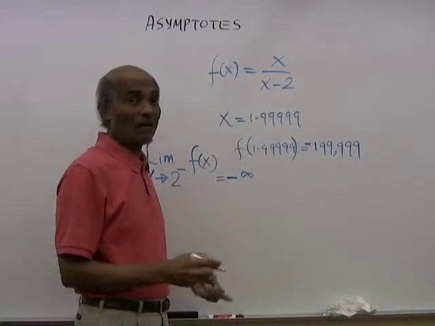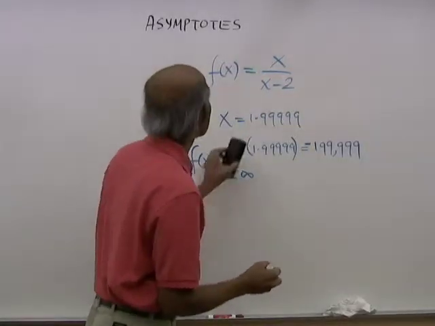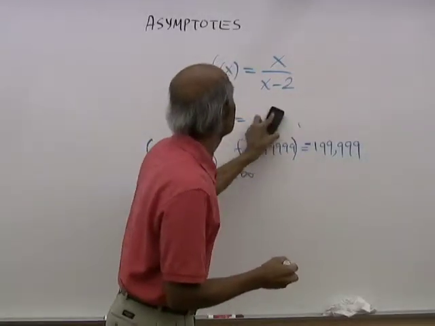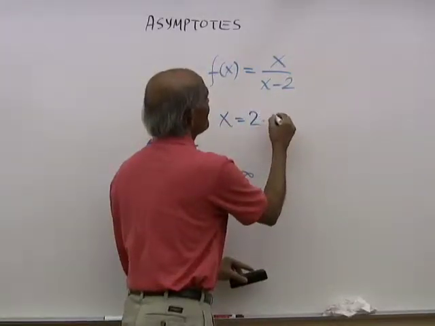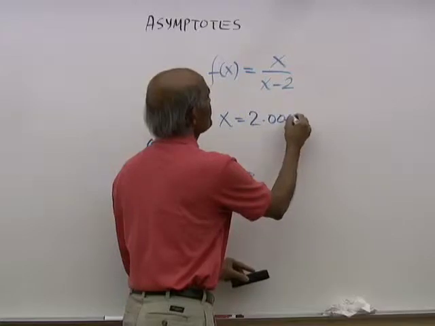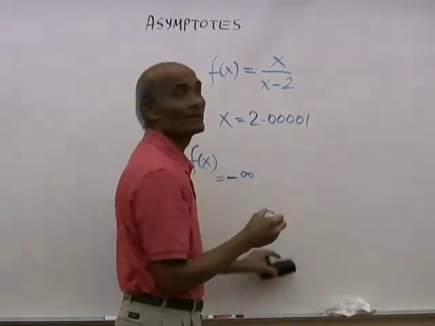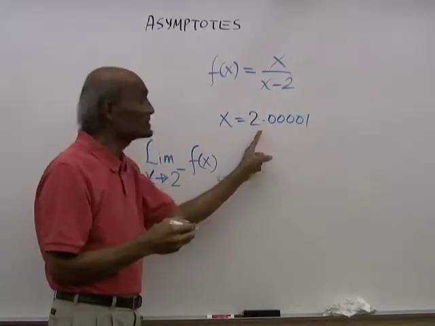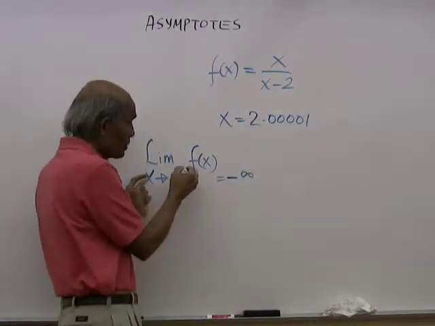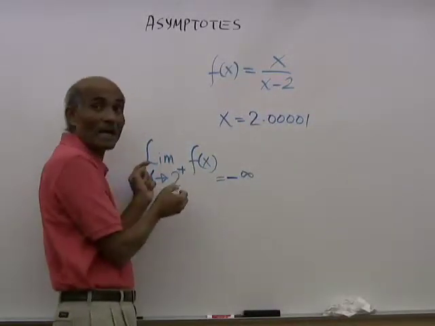How about if you replace x by 2.00001? Now what happens here is x is getting closer and closer to 2 from the right.